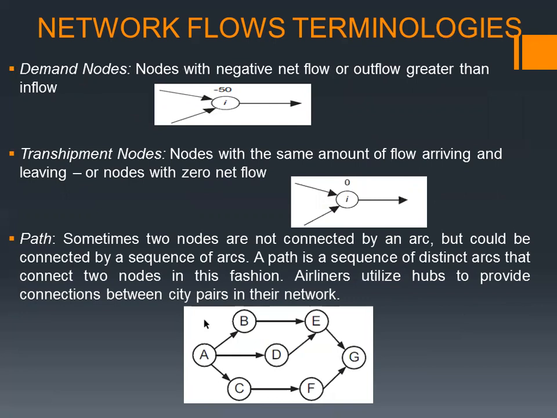The transshipment nodes are the nodes in which the net flow will be zero. The number of flights entering an airport and the number of flights leaving the airport will be equal.